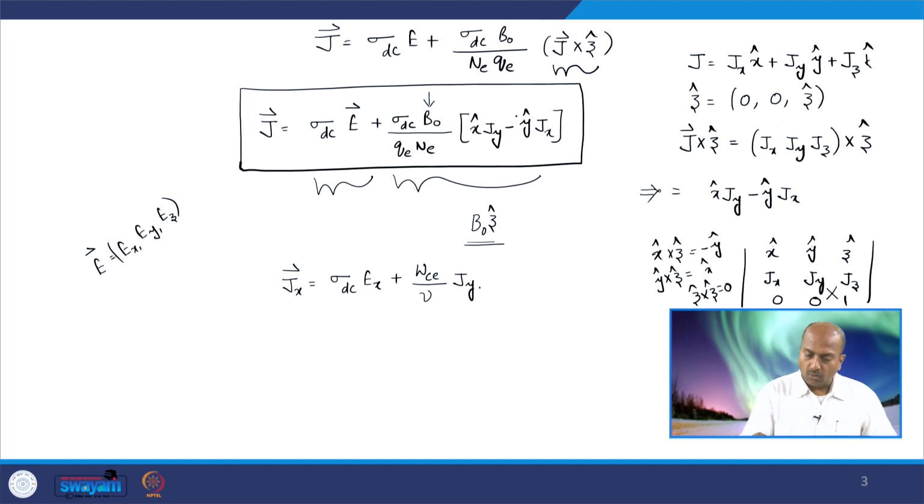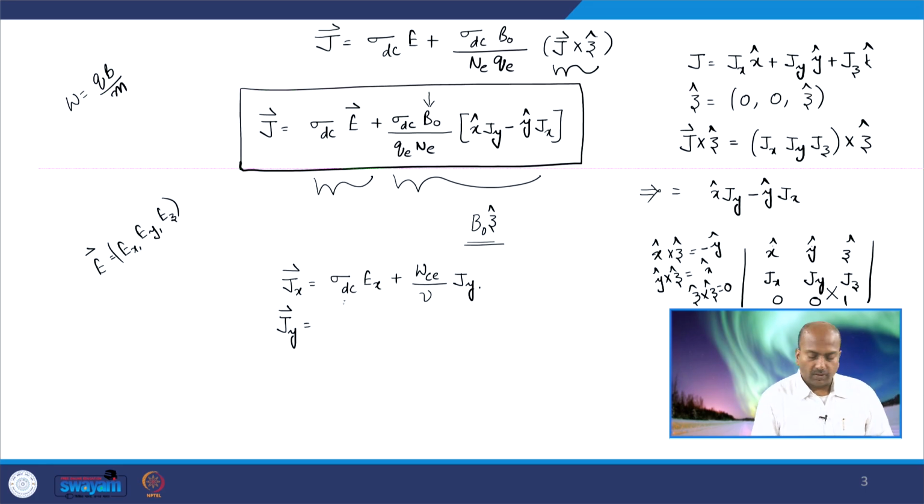I am extracting only the components which are along x cap. So I don't have to write the unit vector x cap here because I am just looking at whatever is present along the x cap direction. So omega is qB by m. Omega is the gyration frequency, which is qB by m.